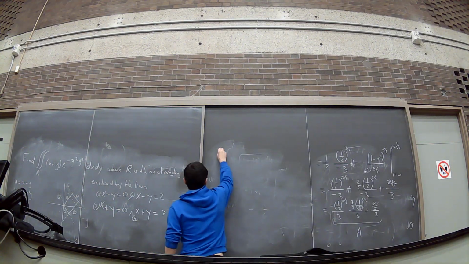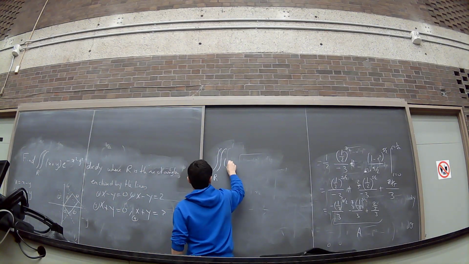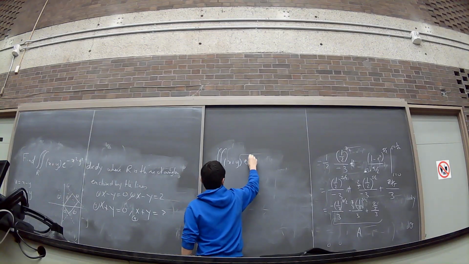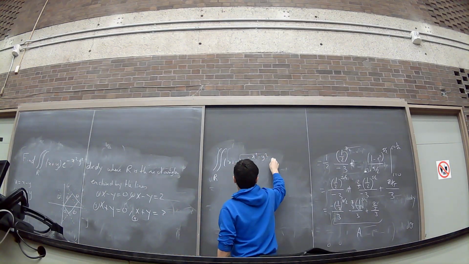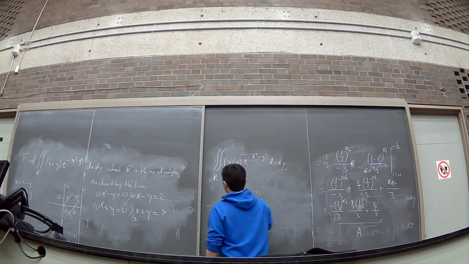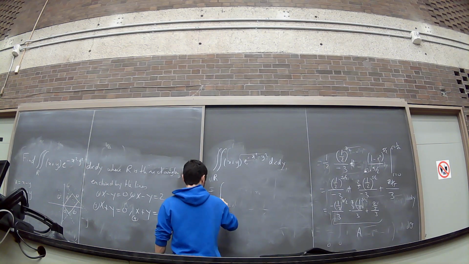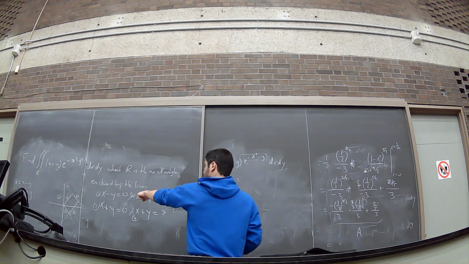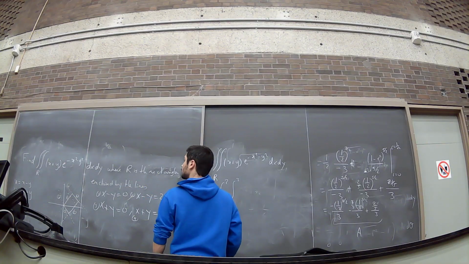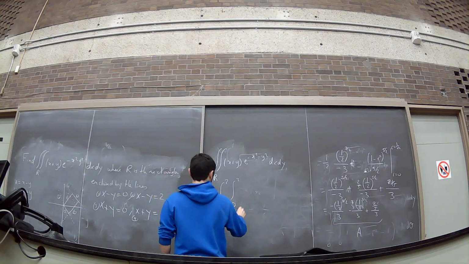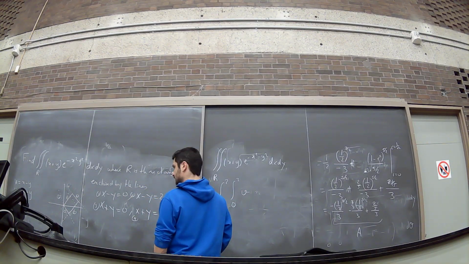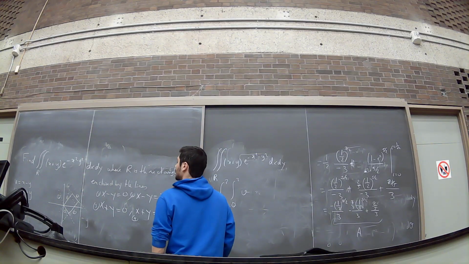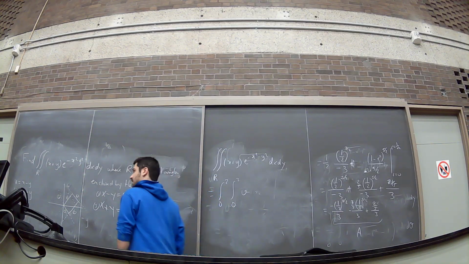Great. So integral of x plus y e to the minus x squared y squared dx dy. What is that? So u will range from 0 to 2. V will range from 0 to 3. X plus y is equal to what? To v, right? X plus y is equal to v, yeah. X squared plus y squared, what is that equal to?